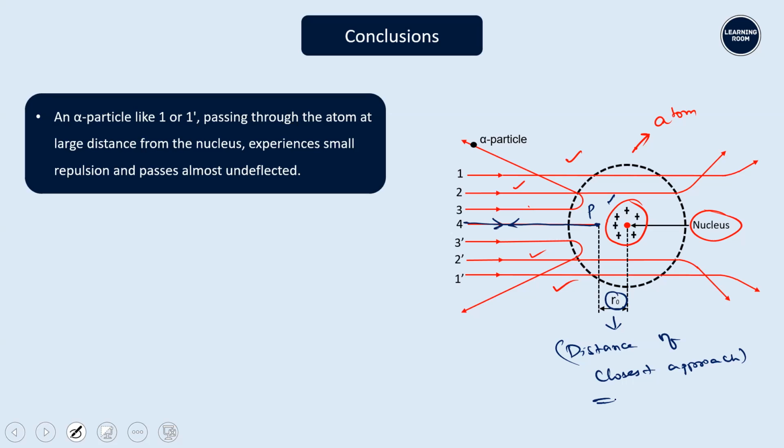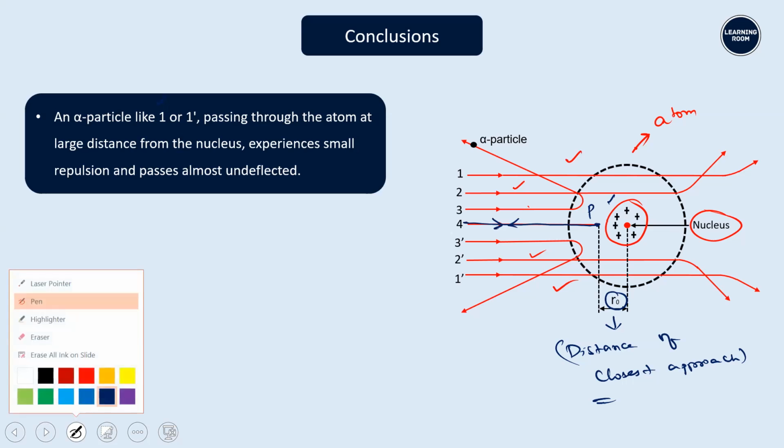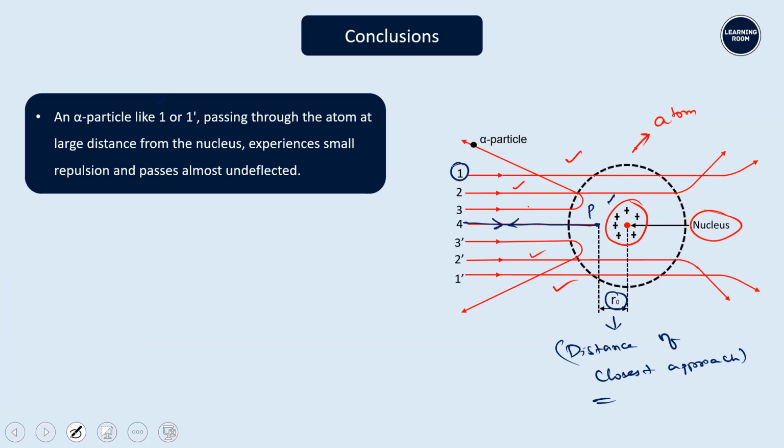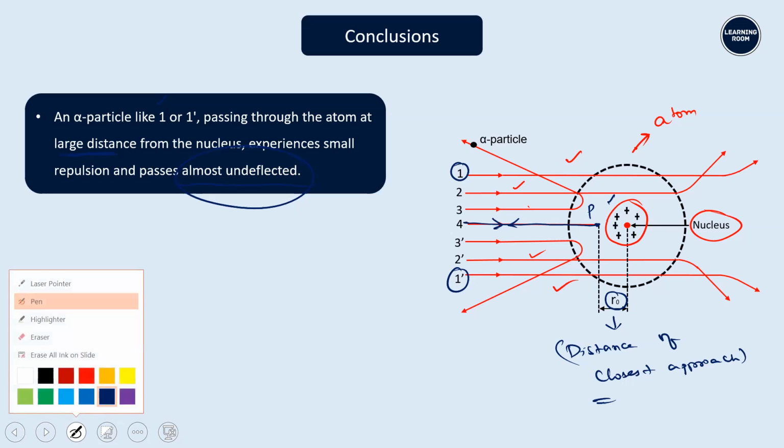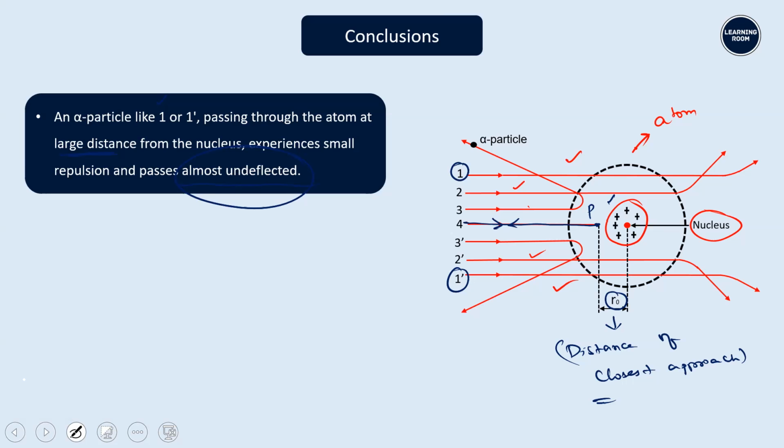So an alpha particle like 1 and 1 dash passing through the atom at large distance from the nucleus experience small repulsion and passes almost undeflected, right?